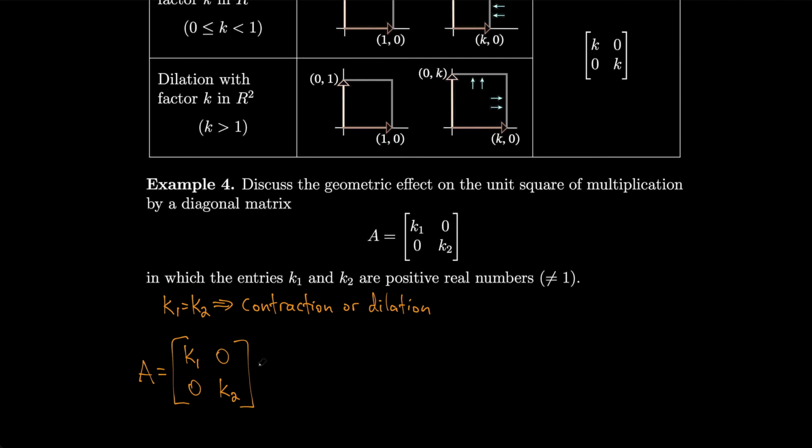But we could separate that as 1, 0, 0, k2 multiplied by k1, 0, 0, 1.